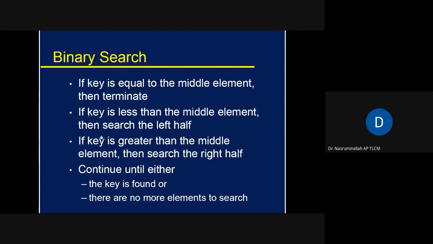The third condition was that if the key is greater than the middle element, it means that the key can only exist to the right side of the middle element.